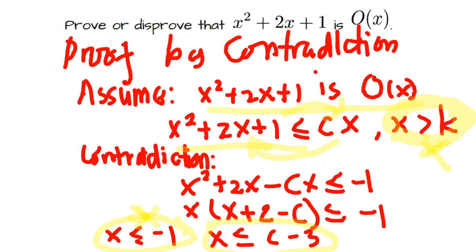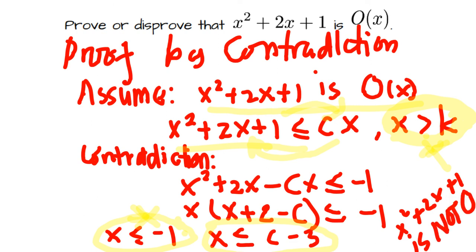And the other x value is also a contradiction because it's less than a certain constant, not greater than. So that is a straight contradiction to the claim that this is big O.